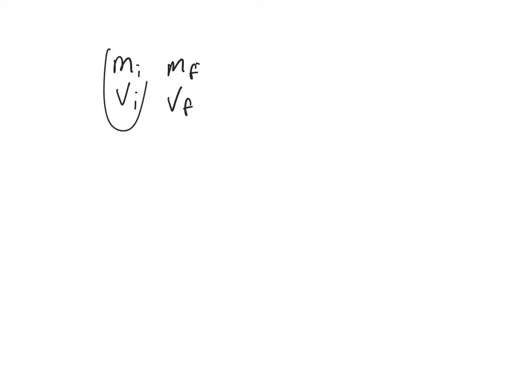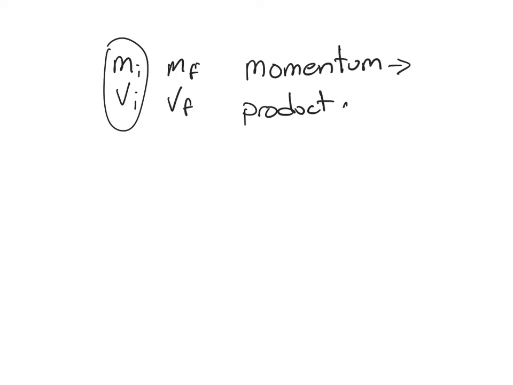And this quantity that ties mass and velocity together is a new quantity for us that we call momentum. And momentum is simply the product of mass and velocity.